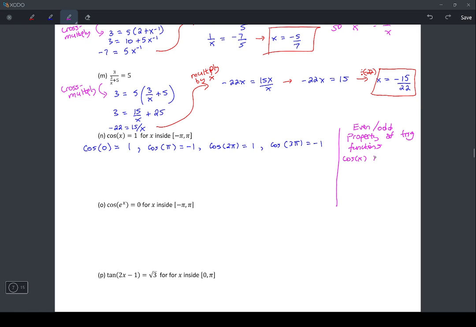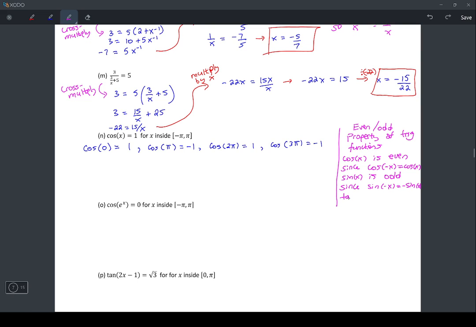Cosine of x is even since cos of negative x is equal to cosine of positive x. Sine of x is odd since sine of negative x is equal to negative sine of x.